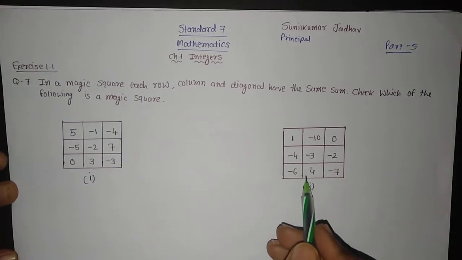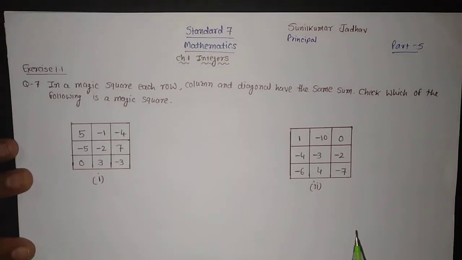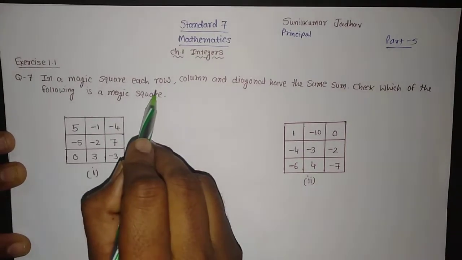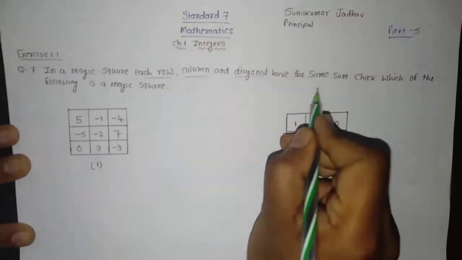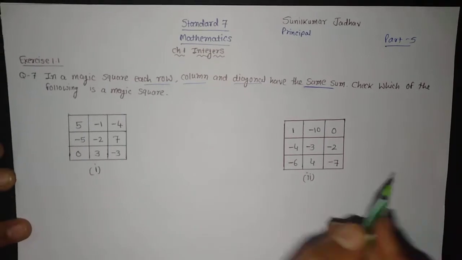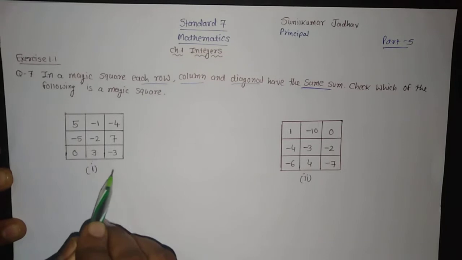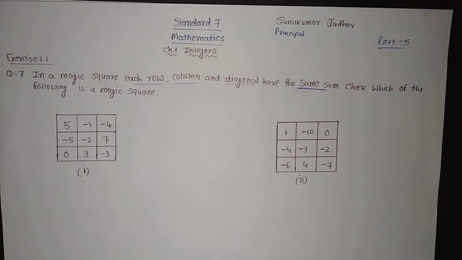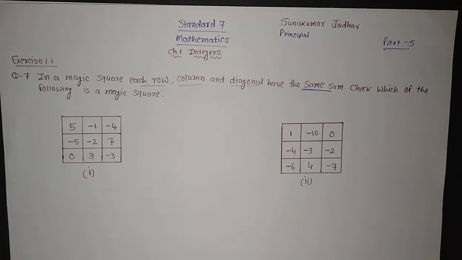Two magic squares are given, and they have given us the definition of the magic square: each row, each column and each diagonal have the same sum, meaning the total is the same for each of the rows, each of the columns and both the diagonals. If it is so, then we can call it a magic square, and if it is not so, we can say it is not a magic square.